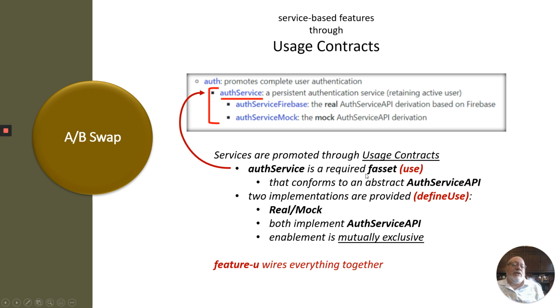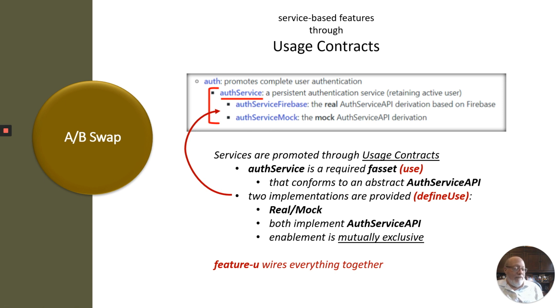But the implementation is coming from one of two different features. There is an auth service Firebase, which is the real service, and an auth service mock, which is the mock service. So both of these items are going to use the define use to define this service, and they will have to implement the auth service API because that's something that's being validated. But the key thing to understand here is the enablement of these two features are mutually exclusive.